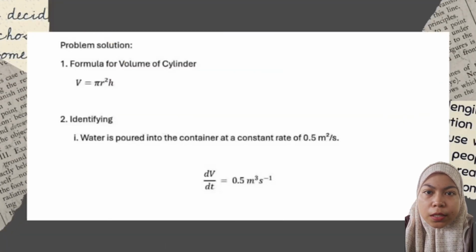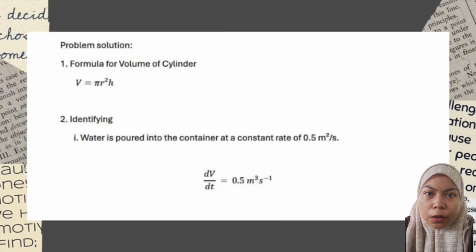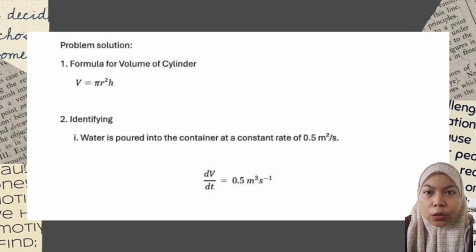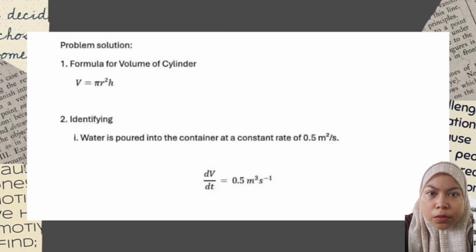Problem solution. Step 1: formula of volume of cylinder, which is volume equals pi r squared h. The second step is identifying. Water is poured into the container at the constant rate of 0.5 meters squared per second, which we can summarize as dV over dt equals 0.5 m squared per second.